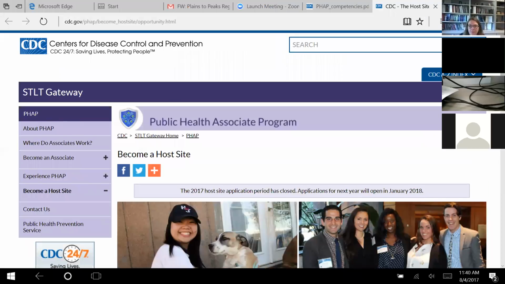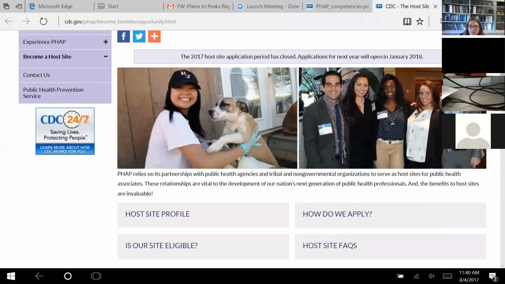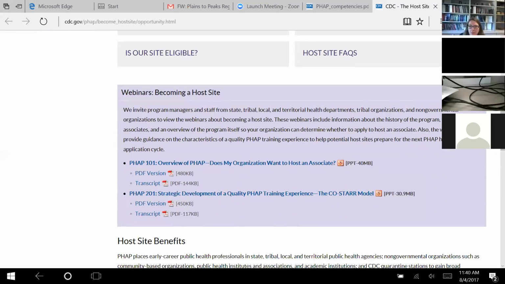Here's the PHAP site and the host site application process. There are 2, the overview, the PHAP 101 and the strategic development. These are the webinars. And then they give you the CDC official language and talk through most of the material that we went over today, but it gives you the PHAP overarching language.